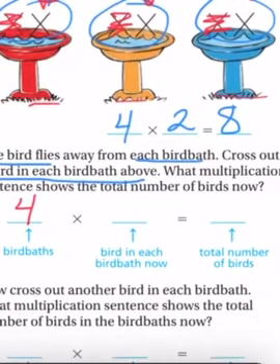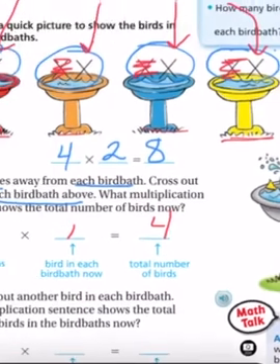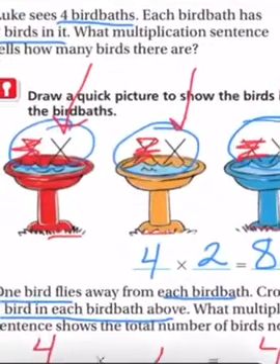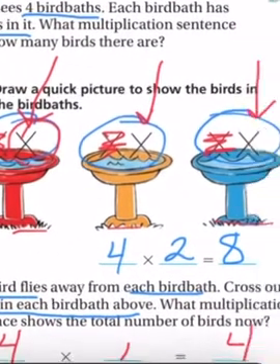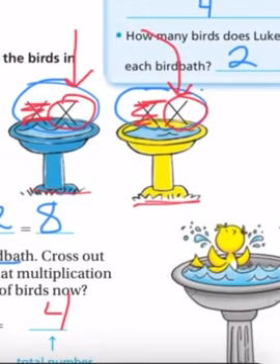So 4 groups of 1 now equals 4. We have 4 birds in the baths, and we can count those X's again. Getting a little messy here, but I'll circle them. There's 1, 2, 3, 4.